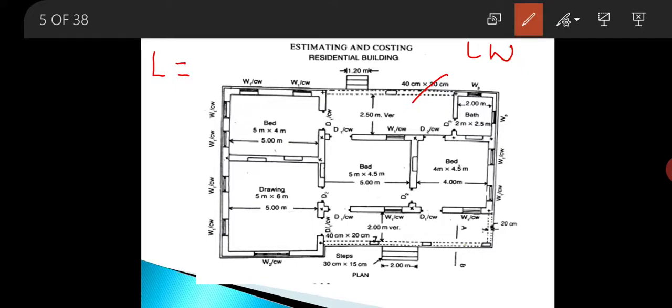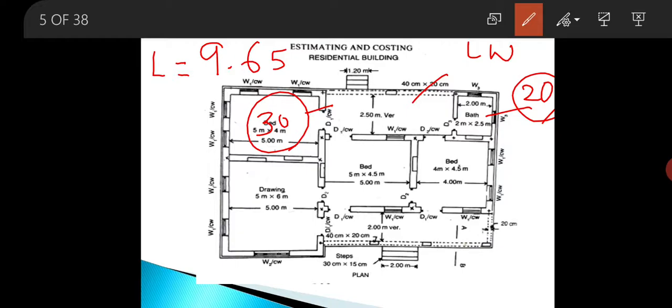Mark here, this long wall is also having a wall of 30 centimeter on one side and a wall of 20 centimeter on another side. Okay. Therefore, the center to center length of long wall is 9.65, same as your front veranda. So this is 9.65.